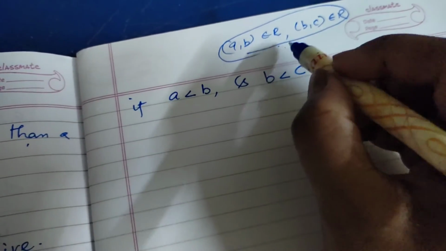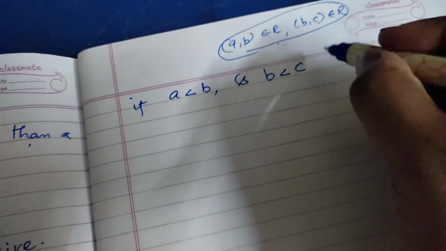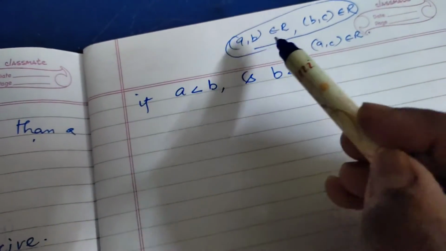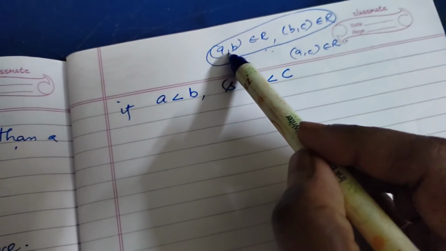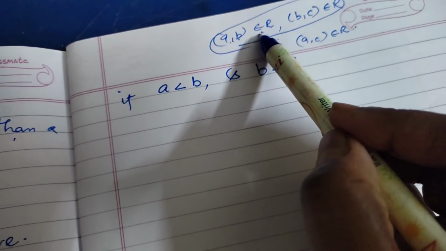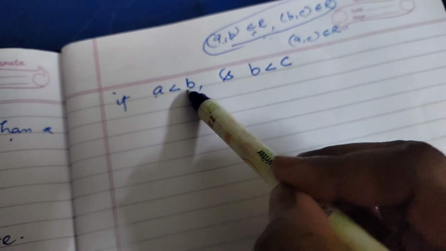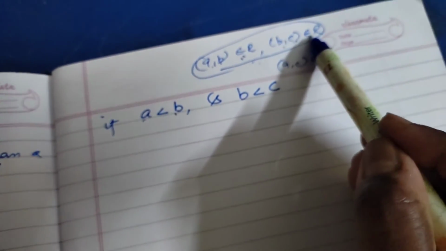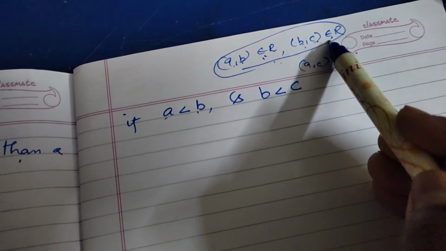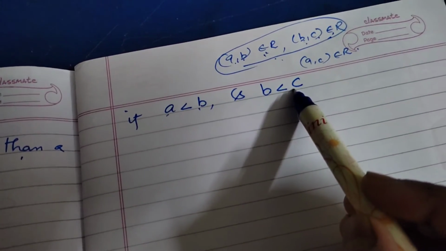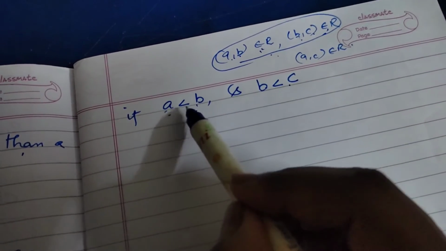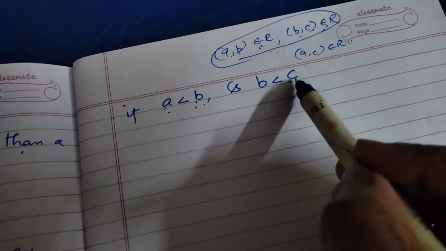Then we have to prove that (a, c) belongs to R. (a, b) belongs to R means a < b, and (b, c) belongs to R means b < c. Here we have two statements, a < b and b < c.